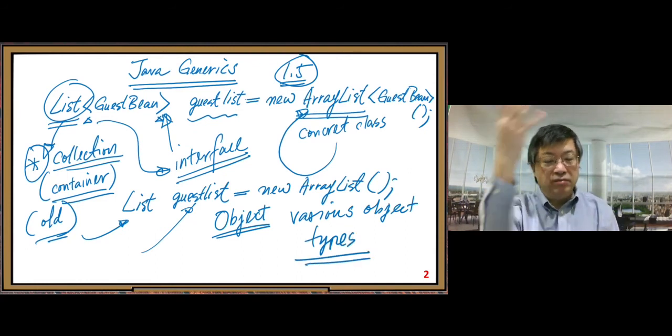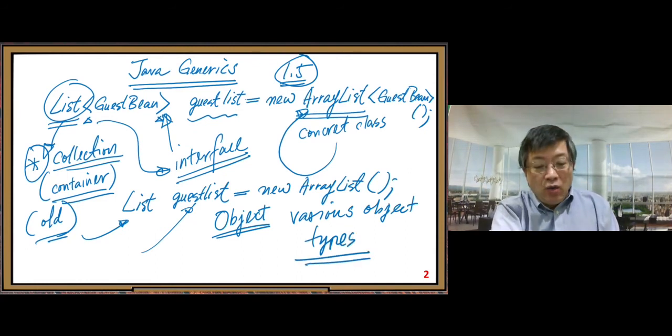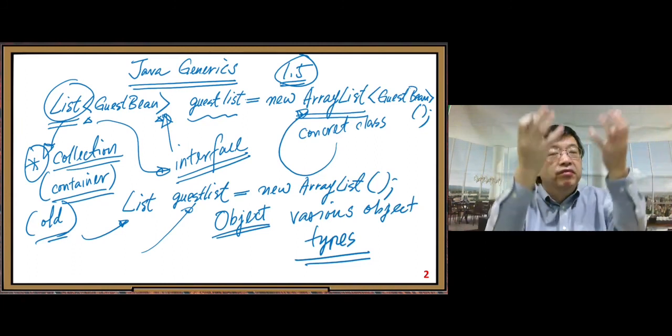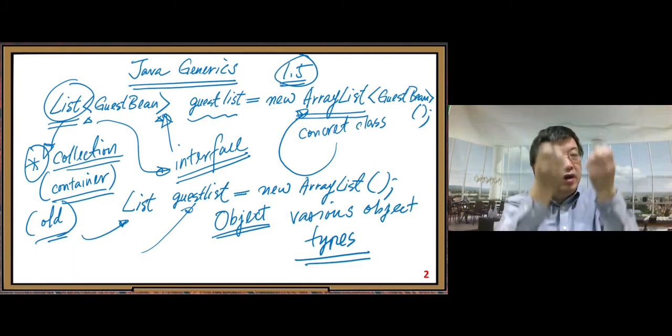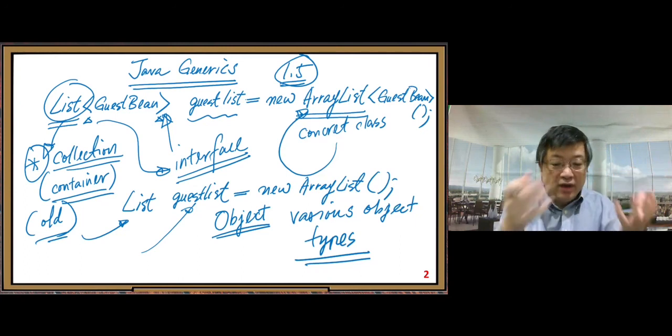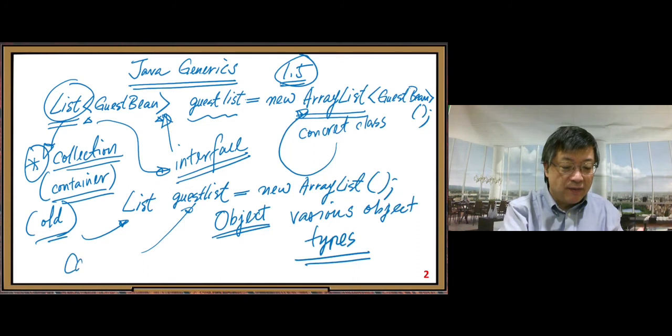Now the problem comes out. When you retrieve an object from this list, you need to do casting.